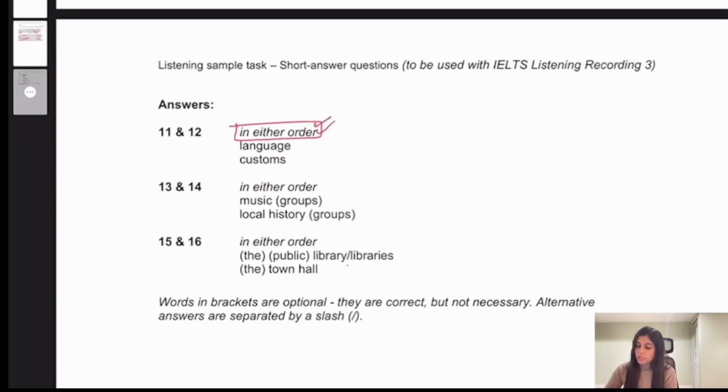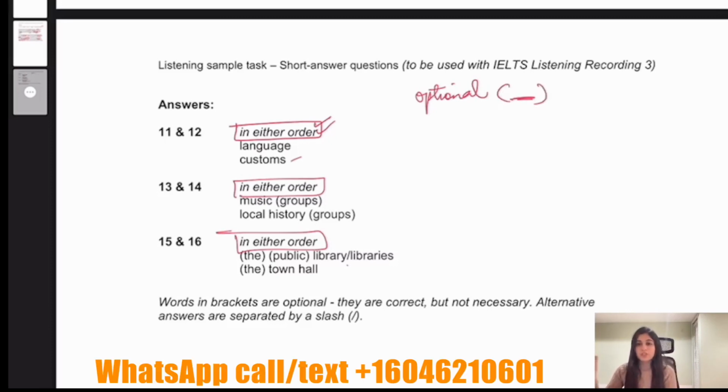So language, customs, again in either order. Now here, as I mentioned, certain words are optional. You don't necessarily have to write the words inside brackets because even if they're not written, your answer can be correct. So if you add this word or you remove this word, it will not impact your scores.